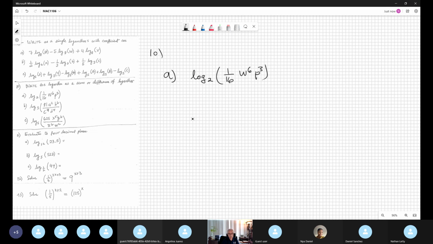Because when this is a variable, you leave it like that. But when this is numerical, you compute this logarithm. So basically, you apply property number 5 and property number 7.